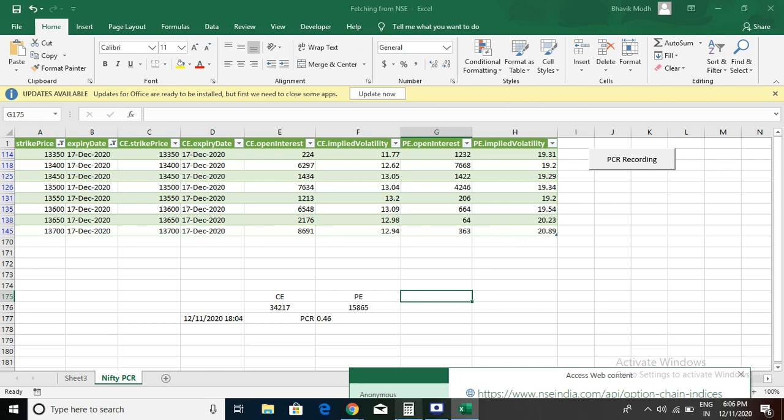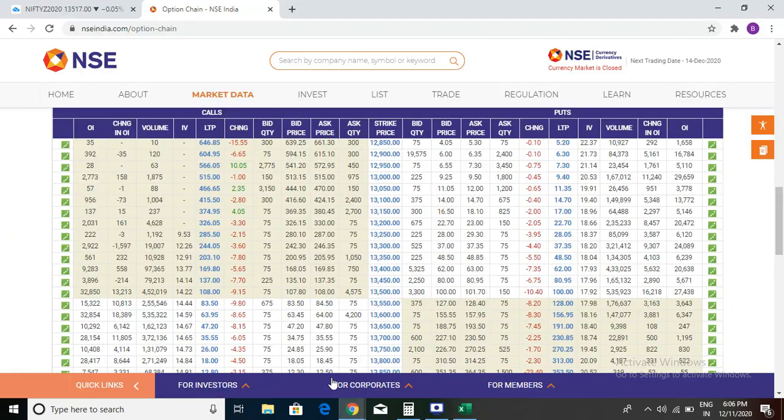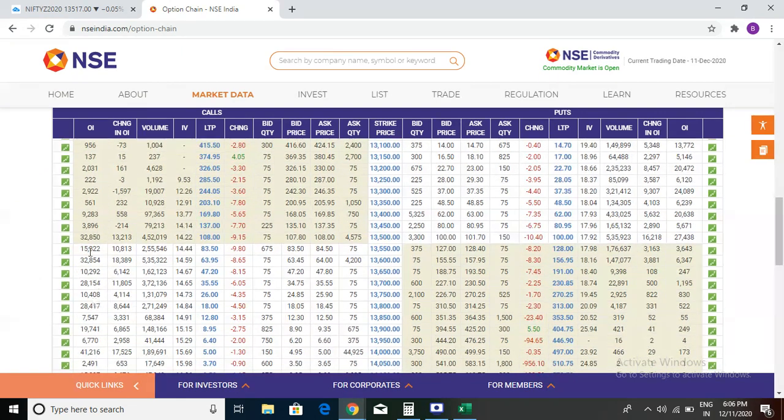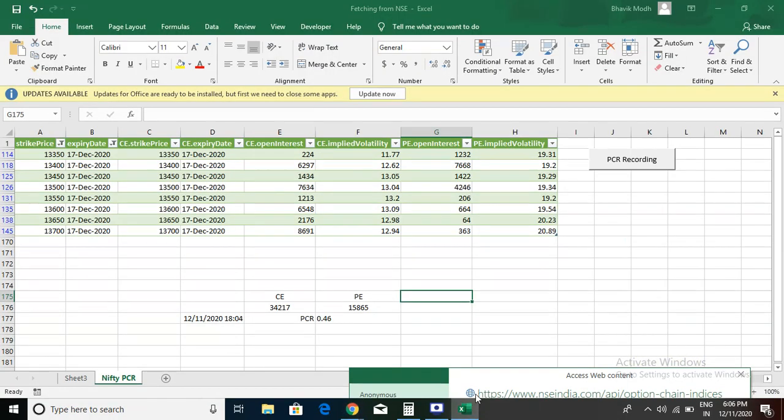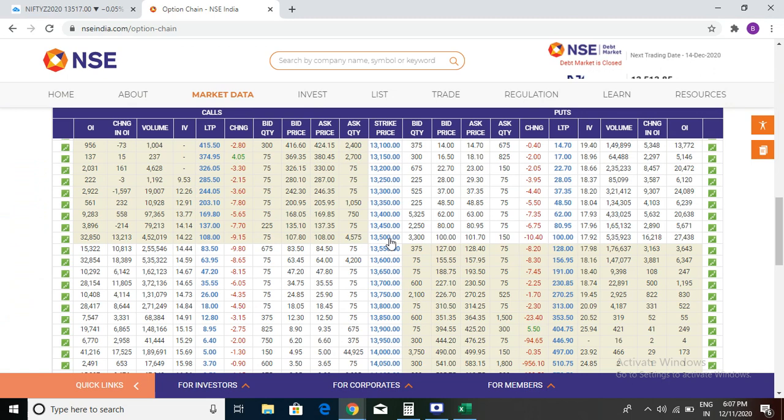Okay. Before, I was doing manual calculation of open interest, checking open interest after every hour, to see on which side pressure has been built on an intraday basis. Okay, so here ATM was 13,500. I took four strikes, 1, 2, 3, 4 upside and 1, 2, 3, 4 downside.